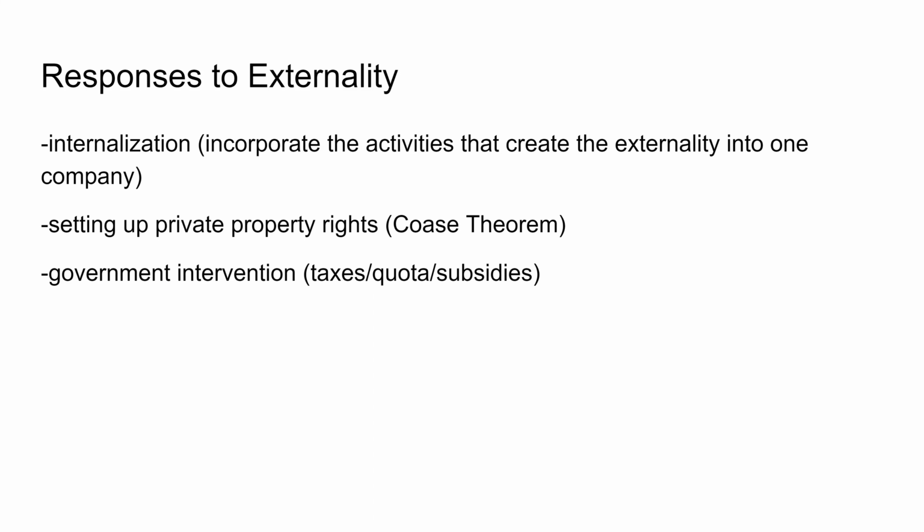You can also set up private property rights, and this is known as the Coase theorem. Basically, if you have set up private property rights, both parties can come to negotiate and end the externality. And lastly, if the other ones don't work, you have government intervention through taxes, quotas, or subsidies.